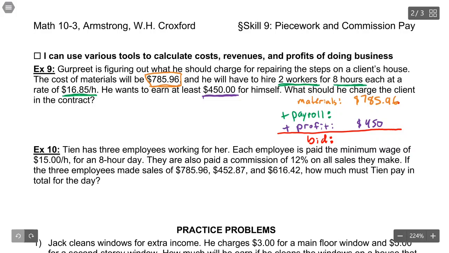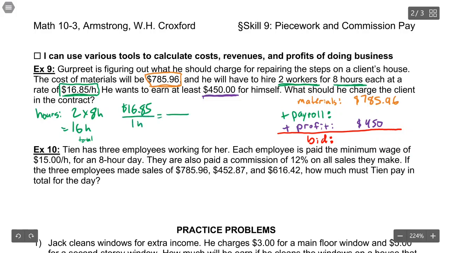So there are 2 workers that each work 8-hour days. So let's figure out our total hours. 2 workers times 8 hours is 16 hours total. And the wages that they pay is $16.85 per 1 hour.